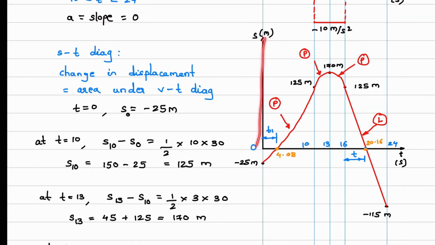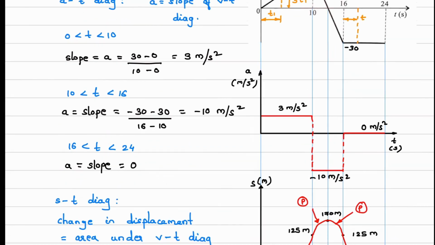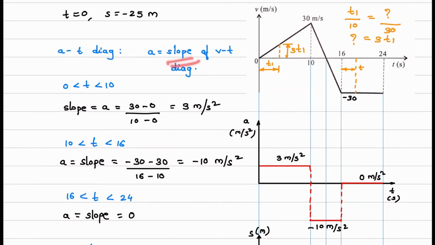Now the ST diagram we will draw from the VT diagram. So what is that equation we have to write? Change in displacement is equal to area under the VT diagram. Now when you are writing slope, we write the time in between 2 points.